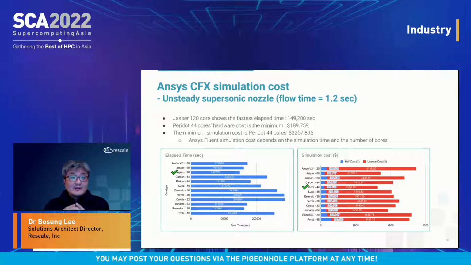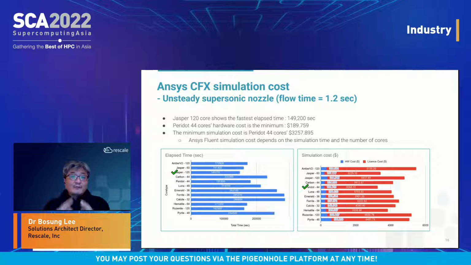In terms of the elapsed time, just the 120 cores show the fastest result compared to other core types. However, when the license cost is added, a 44 cores case shows the minimum simulation cost, because the ANSYS license cost is affected by the number of cores used.